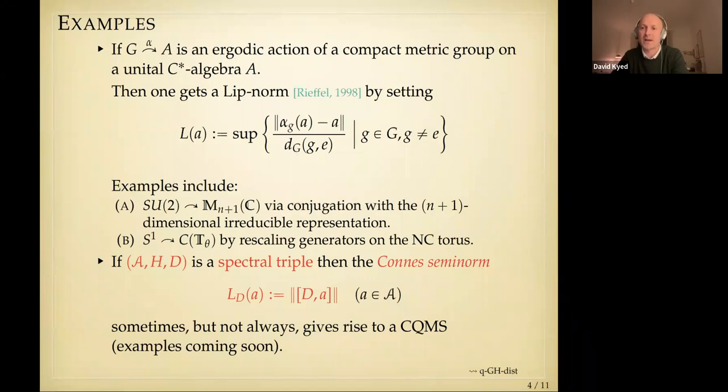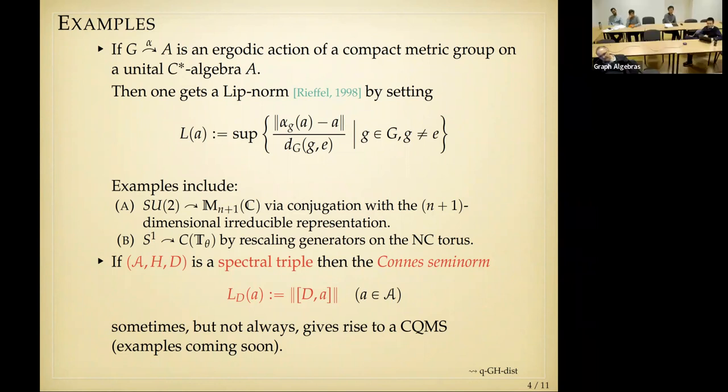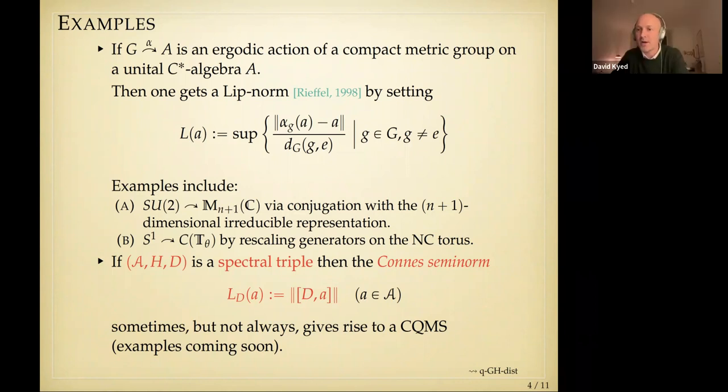And you might expect me to say now that this always gives you a compact quantum metric space, but it's not so, right? So even if you take a fully fledged spectral triple, you may or may not get a compact quantum metric structure. And it is one of the open questions that would be nice to get a handle on. When does one get a compact quantum metric structure? How do you detect this from the spectral data of the spectral triple?